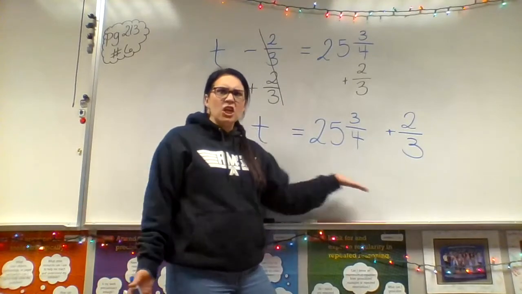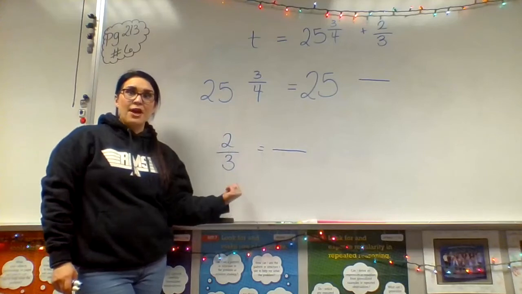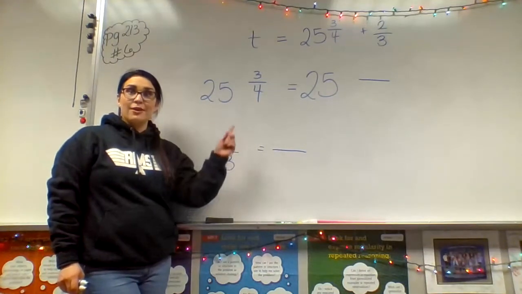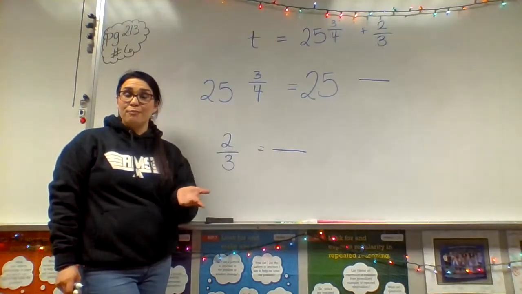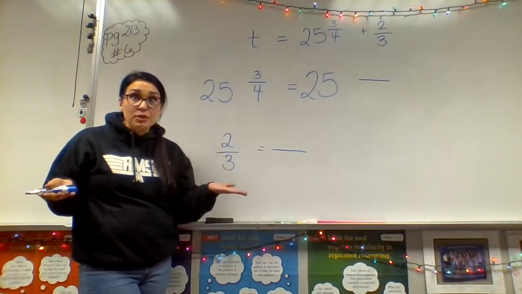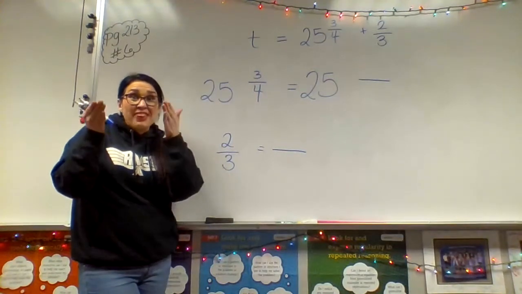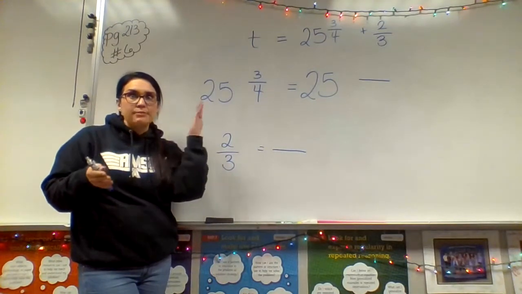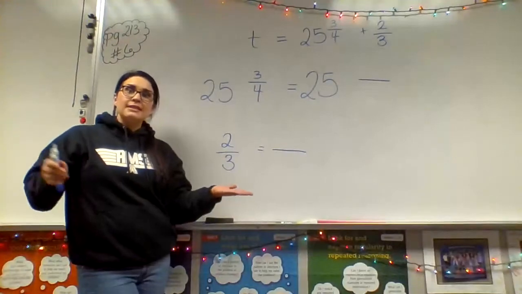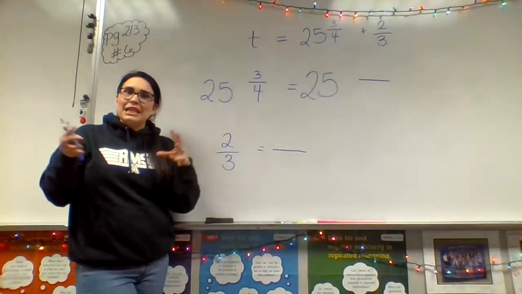Let's take a look at this piece. So let's look at this mixed number and this fraction. We have 3 as a denominator over here. We have 4 as a denominator up here. Now, do you remember those common multiples that we talked about a while ago? Well, my friends, this is when that strategy, that concept is really going to help us out. Let's think of our 3 times tables and our 4 times tables. What's the least common multiple?